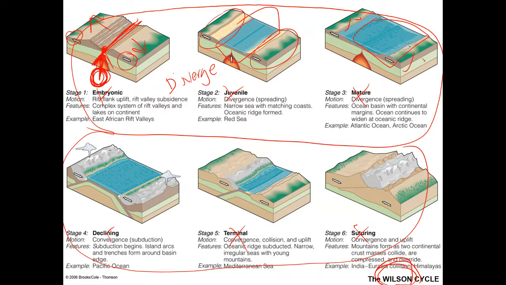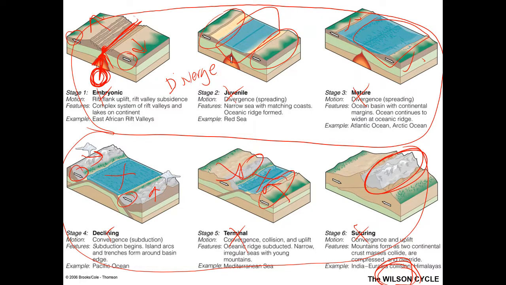Second half of the story is down below. If things are opening up on one side, the Earth can't get bigger, so it has to crash together on the opposite side. So notice how the arrows have shifted inward. Now our ocean system, our water body is going to get smaller. Our land masses are getting higher in height, even closer together, even less water, higher in height, and finally the highest in height of all, and no water at all.